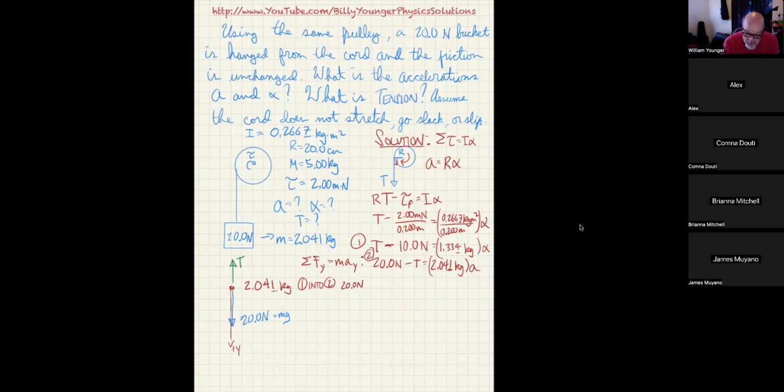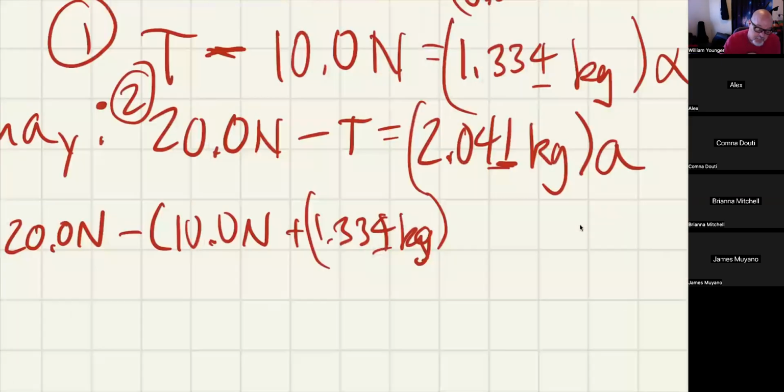newtons minus 10.0 newtons plus 1.334 kilograms times alpha. That kilogram turned out terrible. Let me fix that.